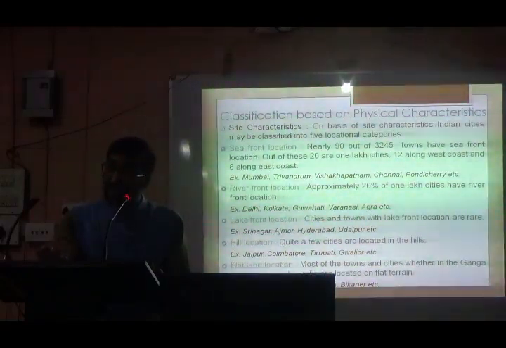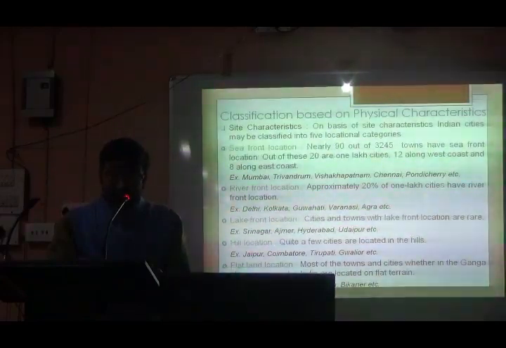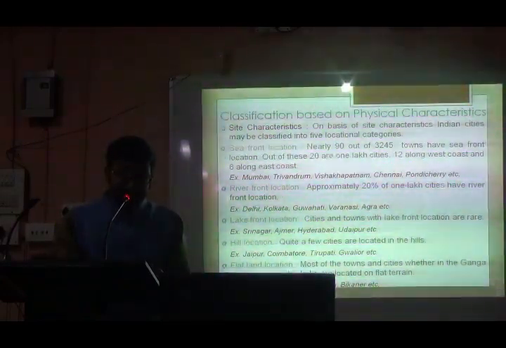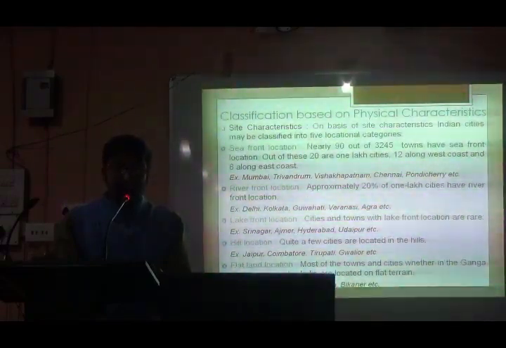The majority of Indian settlements have been developed over the vast stretches of land. Seafront location cities are also available.